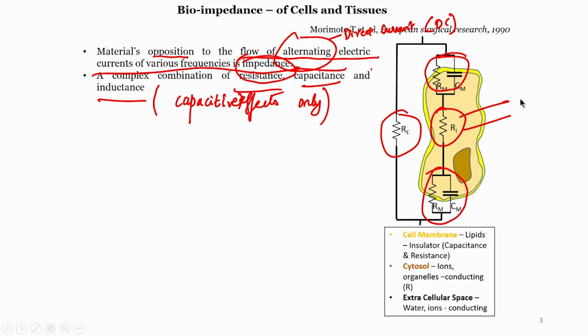You know that the cell membrane consists of lipids and insulating components, so it acts like a capacitance, and the cytosol or cytoplasm has mostly ions and organelles, so they act as a conducting area, and the extracellular space mostly consists of water, ions and fibers, collagen fibers. As a result, this is also mostly conducting.